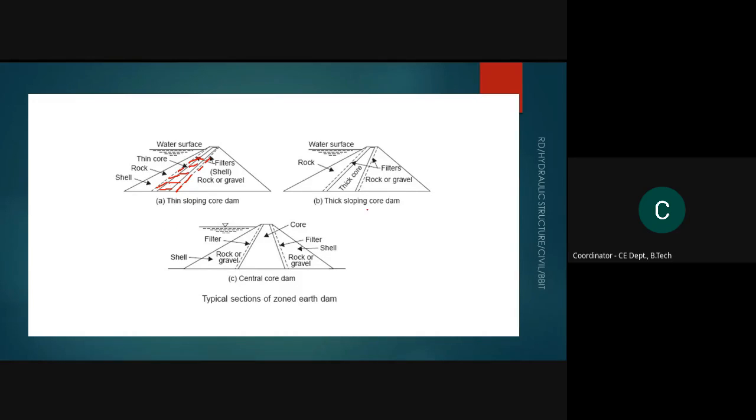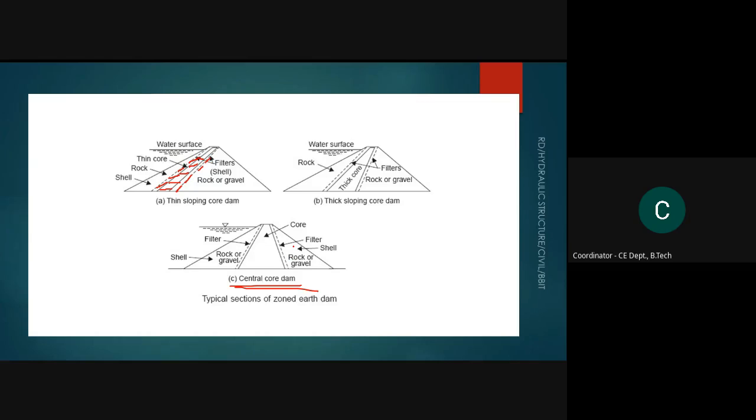Okay, so the next diagram, just look at the difference: the core is much thicker than the previous one. That is the only difference. And here, this C type is the central core dam. See, the core is aligned in the central position and it is much thicker.